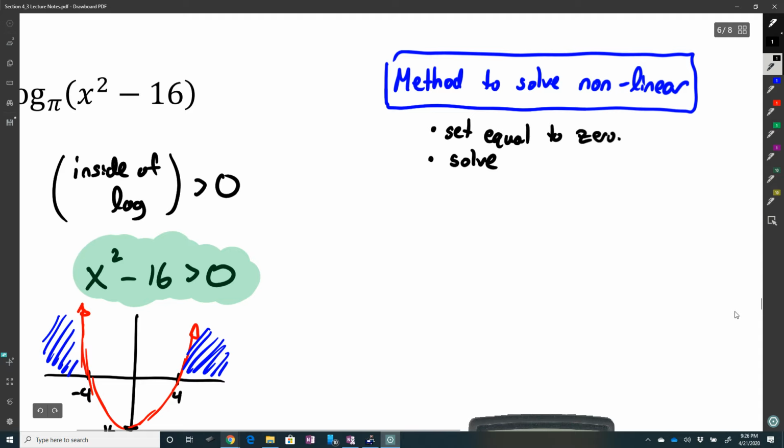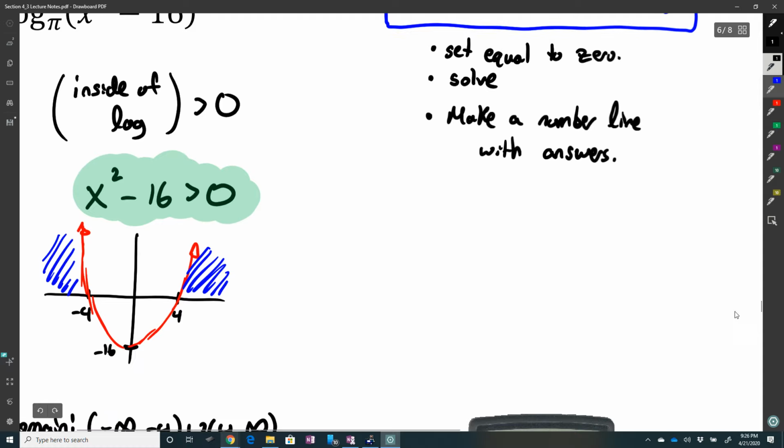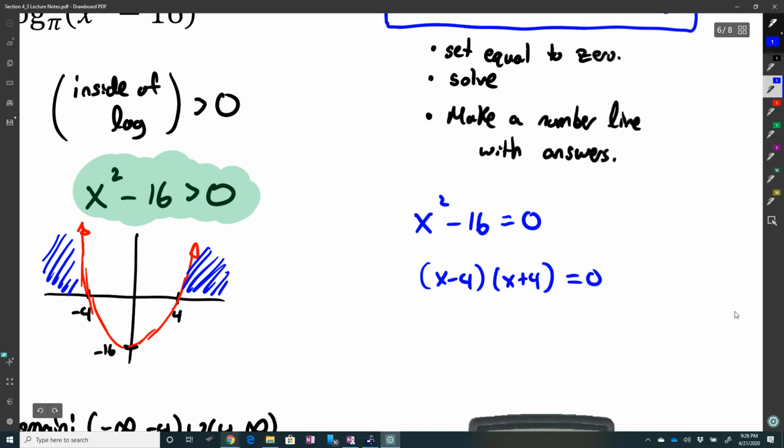Then you're going to make a number line with your answers. So in this case, x squared minus 16 equals 0. This is just x minus 4, x plus 4 equals 0. X equals 4, x equals negative 4.